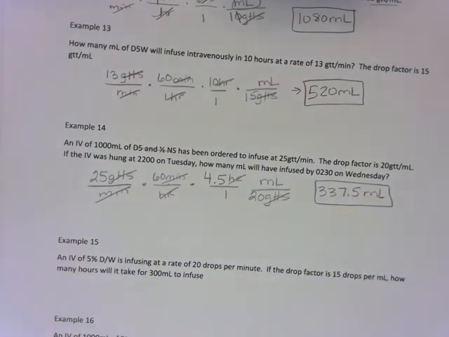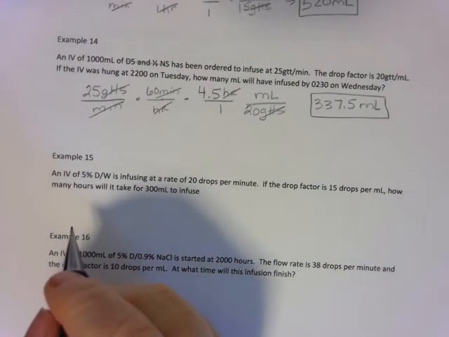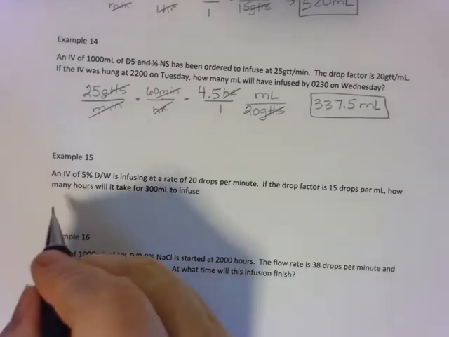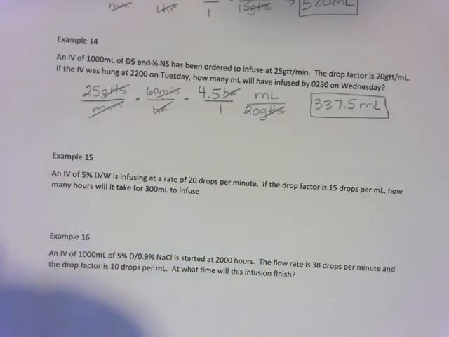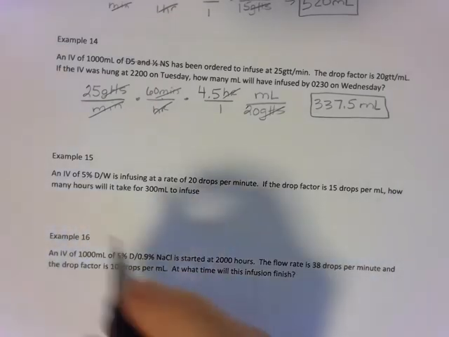Now this one in question 15, it's asking a little bit different. So the way I did it was first I figured out my rate, and then I used my rate as a ratio.